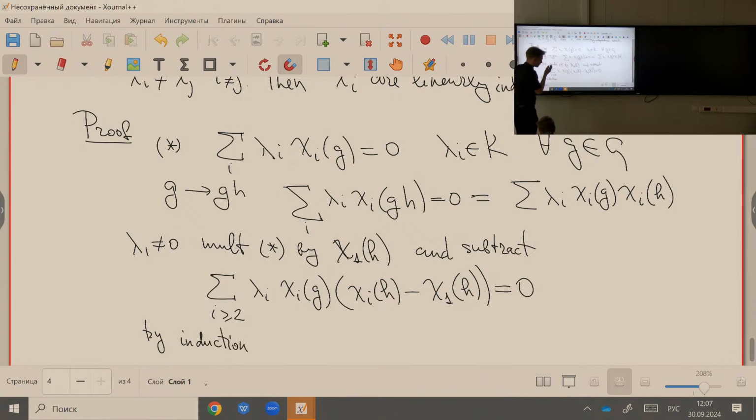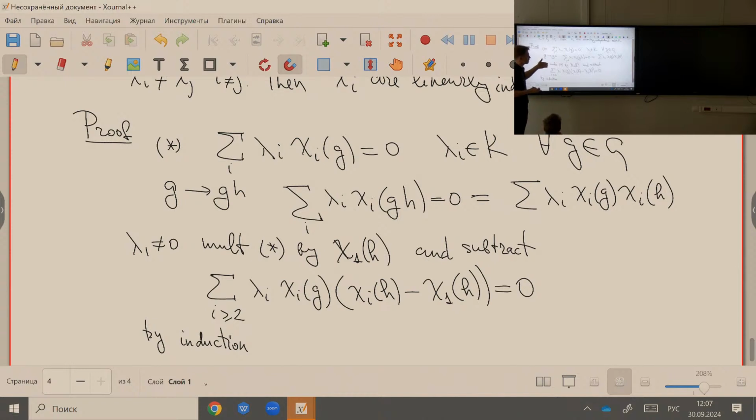yes, so notice that in order to make things work, we should use that the characters are pairwise distinct.